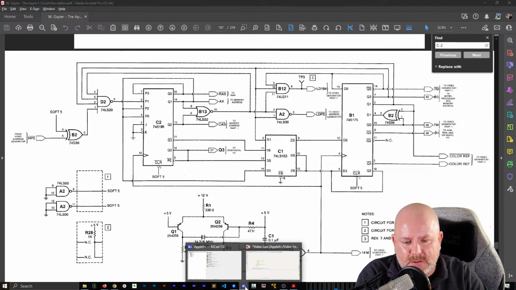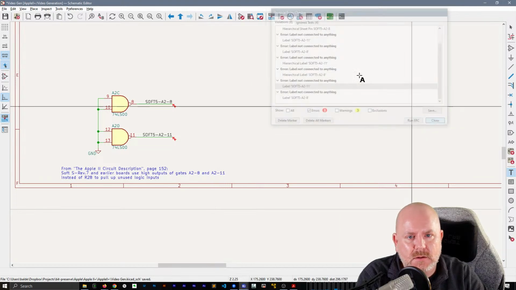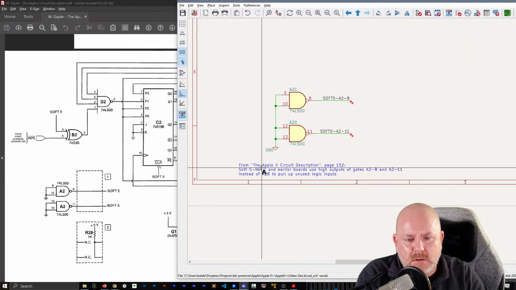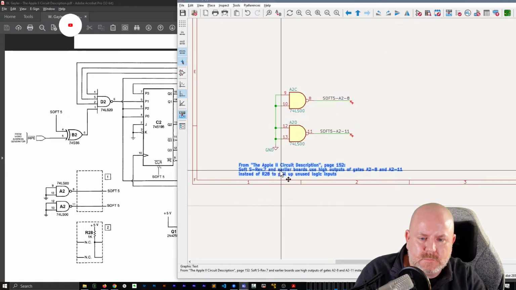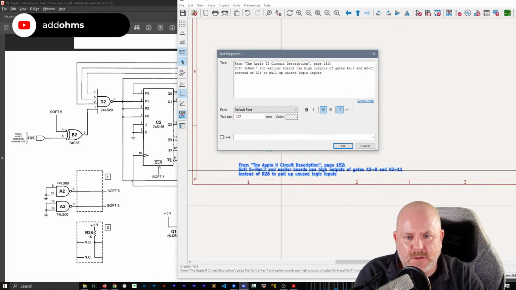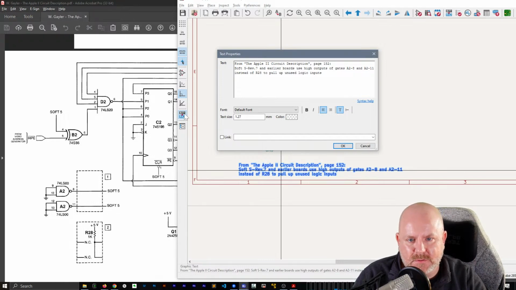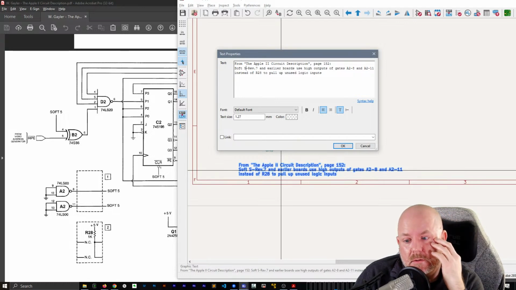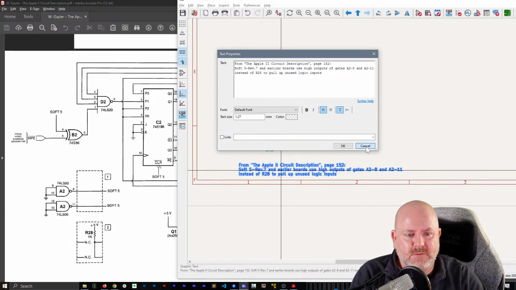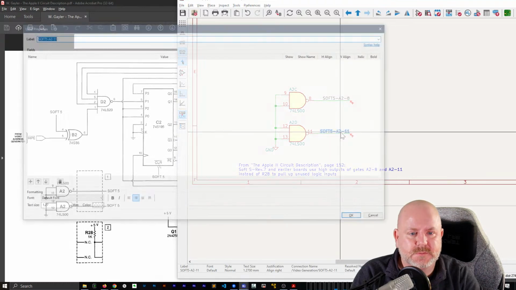What did this note say? Didn't OCR that correctly. Rev 7 and earlier use high outputs of gates A2, pin 8 and 11 instead of R28 to pull up unused logic inputs. So they're supposed to just be connected to soft 5. That's what I'm taking away from this.